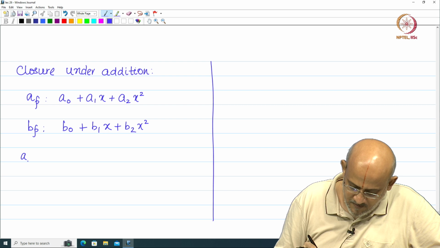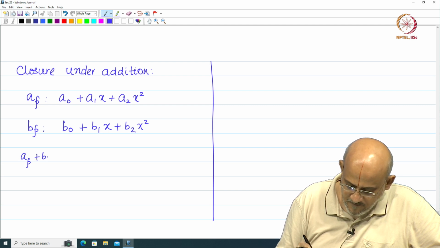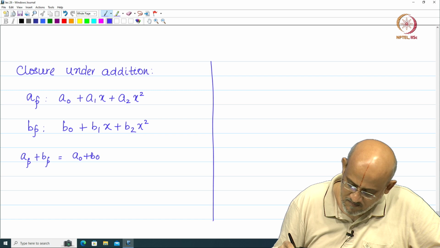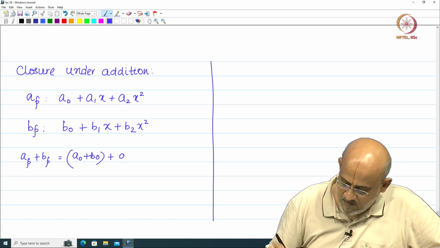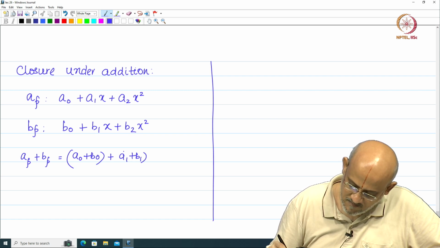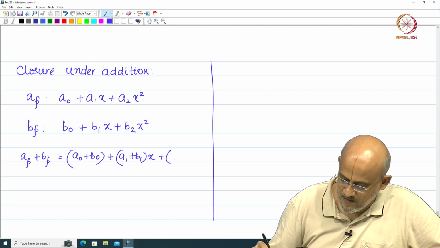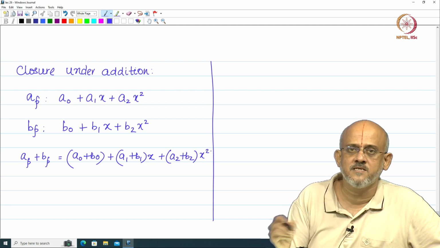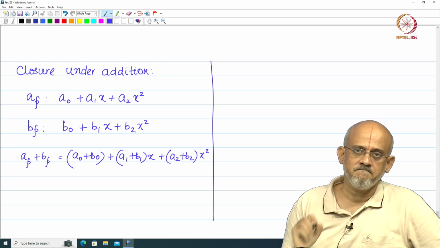You can say their sum is going to be of the form A naught plus B naught, plus A1 plus B1 times x, plus A2 plus B2 times x squared, which is the same as the form that we had in P2.